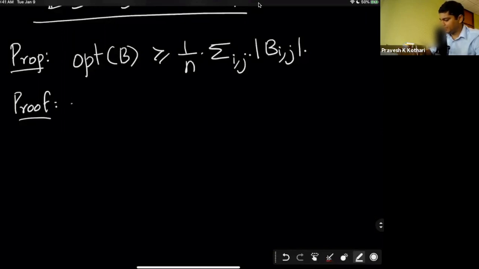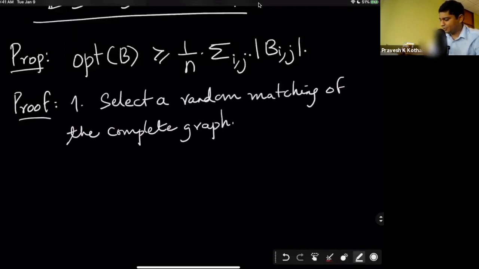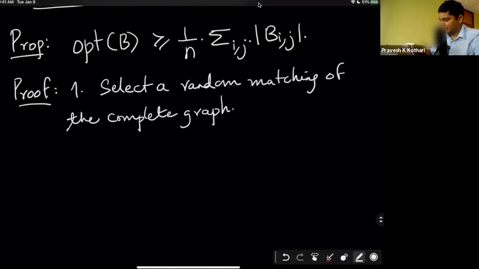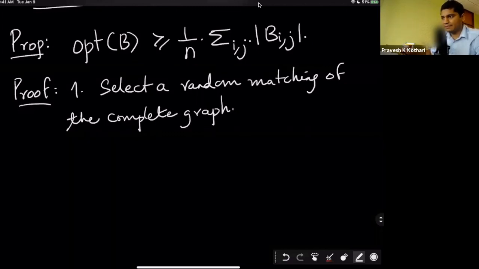What I'm going to do is select a random perfect matching of the complete graph. What does that mean? You can do it in the following way. Pick a random pair i, j, remove it from consideration. Now you have n minus 2 vertices left. Pick a random pair from the remaining vertices and continue so on.